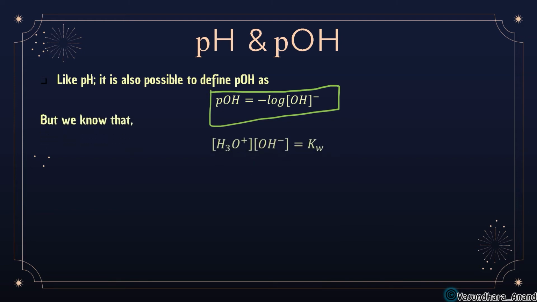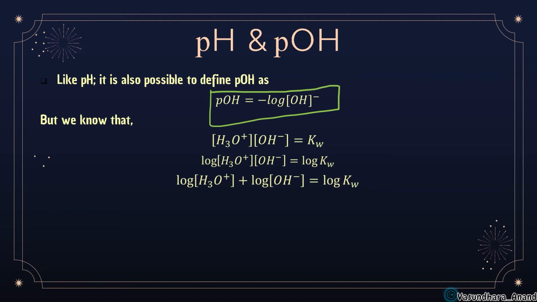But we know that H3O plus into OH minus is equal to Kw. And if I take log on both sides, it will be log of this into this, equal to log Kw, isn't it? So this is log m into n. Log m plus log n is equal to log Kw.